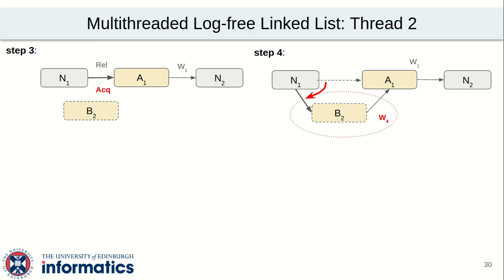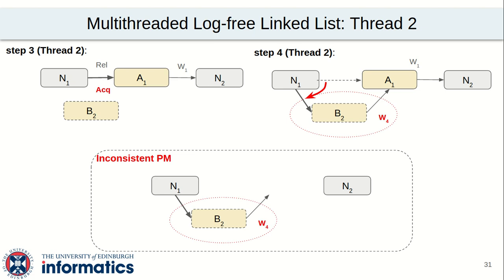Clearly, writes involving B2 must persist only after the earlier writes involving A1 from thread 1 have persisted. Otherwise, the state of the linked list can be in an inconsistent state, as shown.